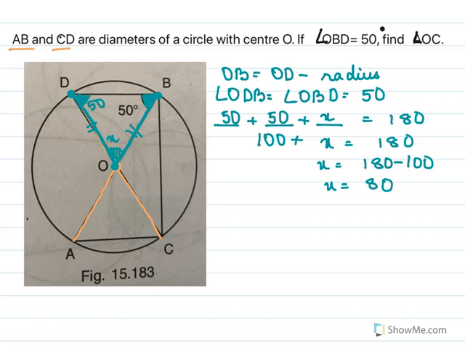So your X comes as 80. So this X is now 80. But I know they are vertically opposite angles. This is 80, this also will be 80 because they are vertically opposite angles. So angle BOD equal to angle AOC equal to 80. These are vertically opposite angles.